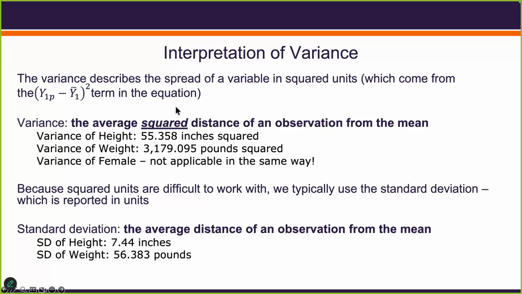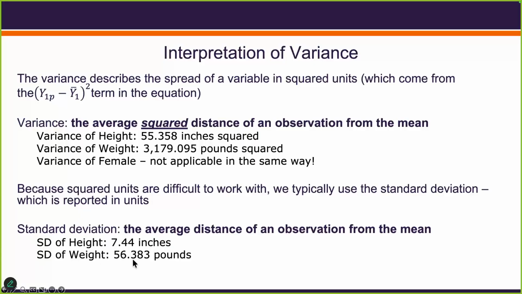And if we took the square root and got back to the standard deviation, then the standard deviation represents the average distance from one observation to its mean. So on average, each observation is about 7.5 inches away from the mean of height. That's how we interpret the standard deviation. Sarah, I know you mentioned interpretation. I'm trying to interpret these things that we sort of take for granted, but it describes how observations move away from the mean.